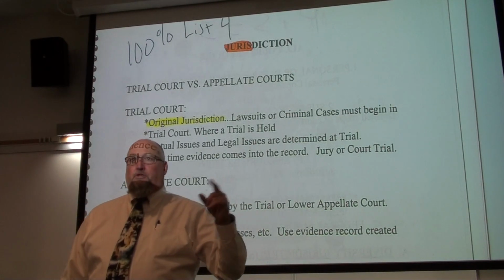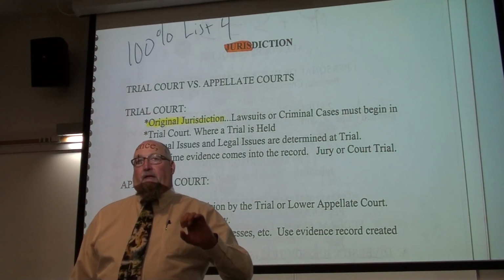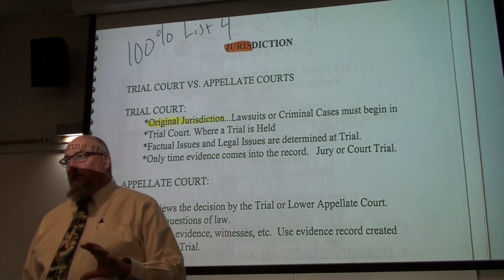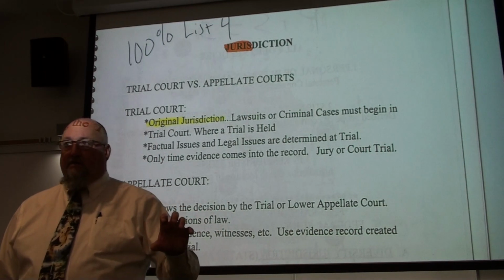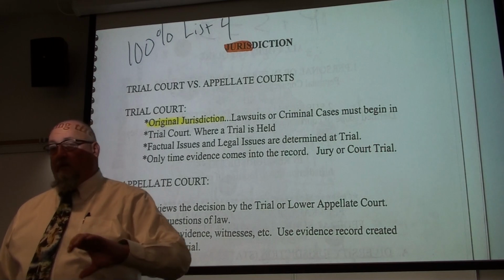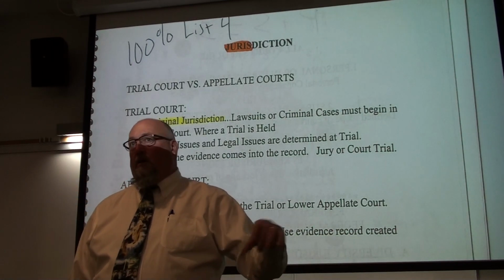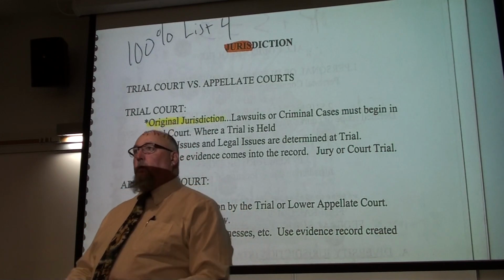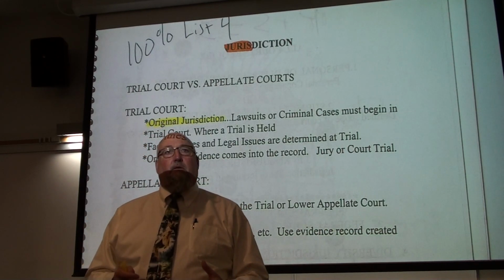Original jurisdiction. Now that term original jurisdiction means originate, to begin, right? The first place. An original is the first one of a type or whatever. The origin, however you want to say it.